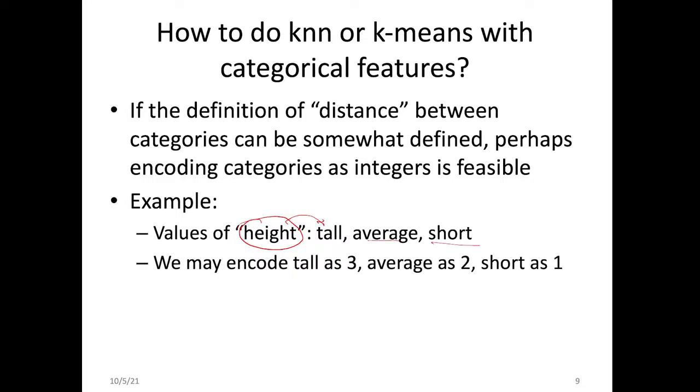That means the distance between these two should be smaller than the distance between these two, because although they are categories, there is some sequence information inside these categories. So in this situation, you could say that tall is 3, average is 2, and short is 1. Then the sequence still follows our intuition.